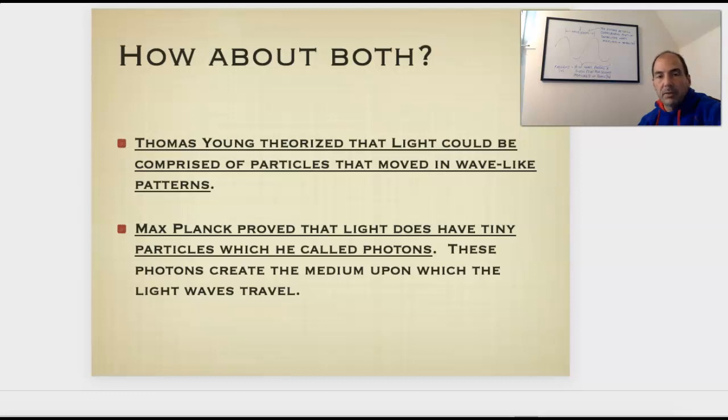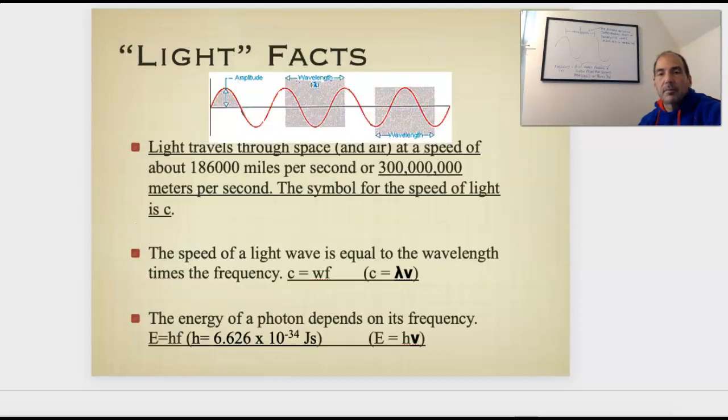So we're going to go back to talk about light a little bit. Light travels through space and pretty much in air at a speed of about 186,000 miles per second. Okay? That is intense speed. In the metric system, it works out to be 300 million meters per second, or 3 times 10 to the 8th.